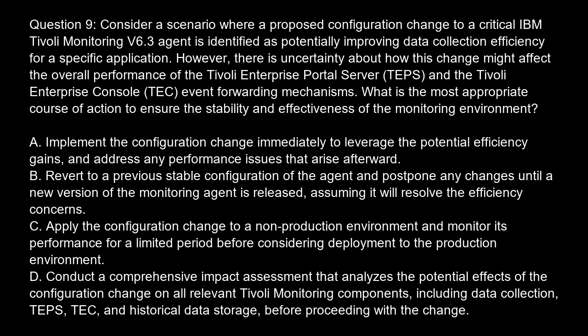Option C. Apply the configuration change to a non-production environment and monitor its performance for a limited period before considering deployment to the production environment. Option D. Conduct a comprehensive impact assessment that analyzes the potential effects of the configuration change on all relevant Tivoli monitoring components, including data collection, TEPS, TEC, and historical data storage, before proceeding with the change.